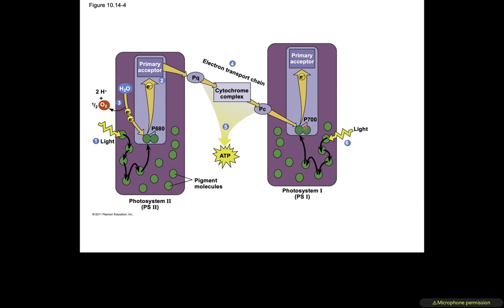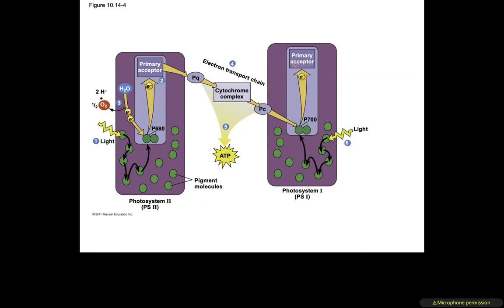So what's going to happen in photosystem 1, once again, light is going to excite the electrons in these chlorophyll. They pass the excitement along and build it up until that excitement is passed on to the final chlorophyll molecules, raising the electrons here that came from the electron transport chain to a higher level of excitement.